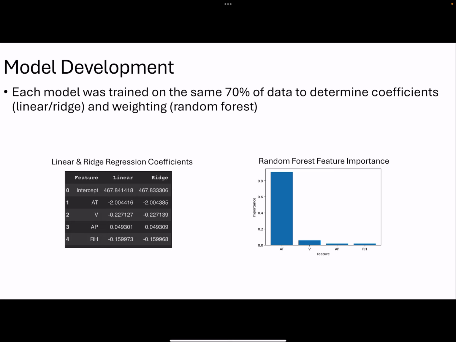And then also from the random forest model, we were able to output the importance of each of these individual features with regard to the output. And we could see that temperature far and away has the highest impact on the target variable output, the PE. So that's something to keep in mind as we go through the results of this analysis.